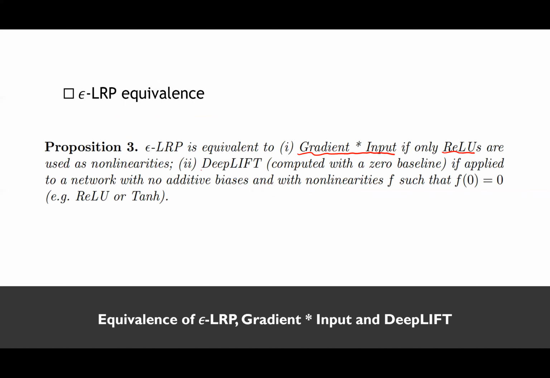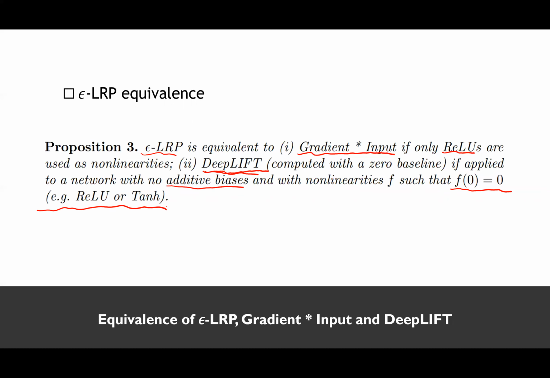And also we can show the DeepLIFT computed with the zero baseline, if applied to the network with no additive bias, because zero baseline with the nonlinearity f such that f(0) is 0, then we can say that epsilon LRP is equivalent to DeepLIFT. Like as you said in ReLU and the hyperbolic tangent, of course DeepLIFT will hold for this property.